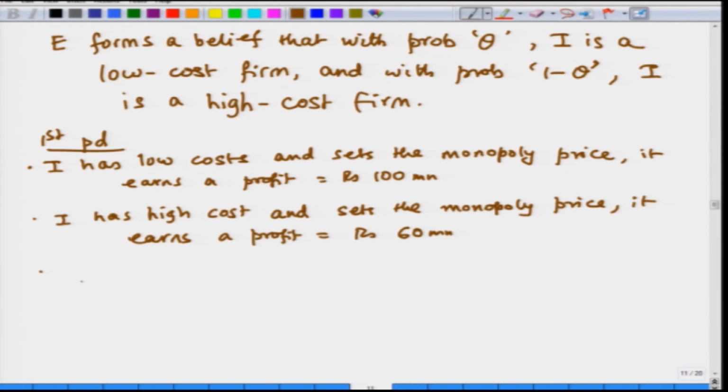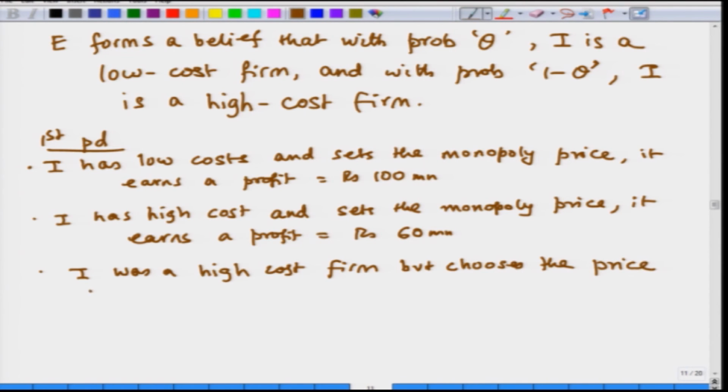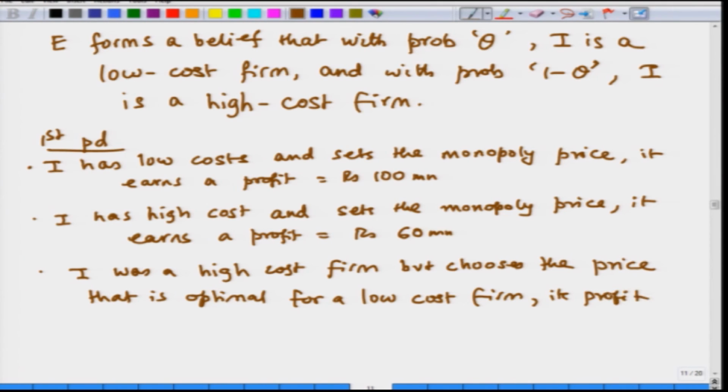On the other hand, if I was a high cost firm, but chooses the price that is optimal for a low cost firm, its profit is rupees, let us say, 40 million, right.